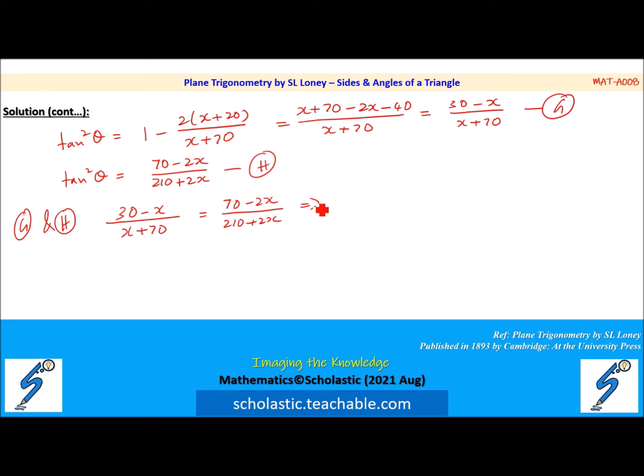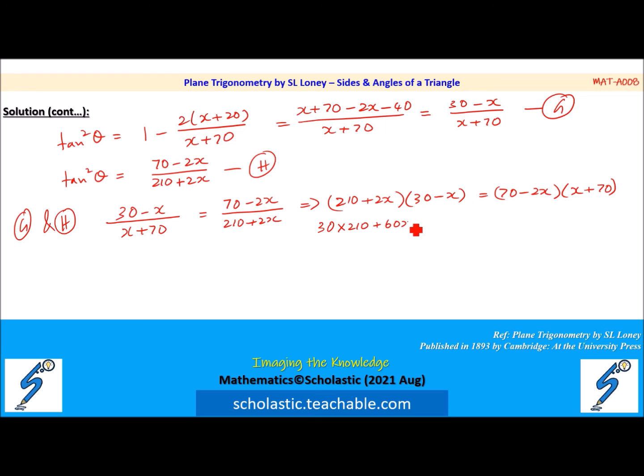This one we can simplify. If you write the cross product, we can see that (210 plus 2x) times (30 minus x) is equal to (70 minus 2x) times (x plus 70). So 2x squared and 2x squared will cancel off, so there won't be any square after that.